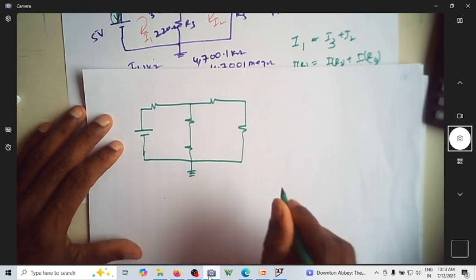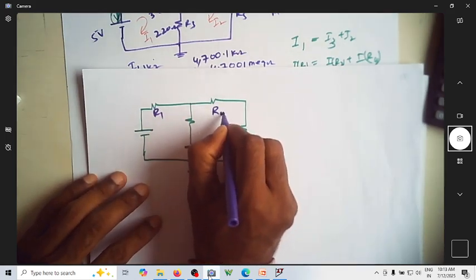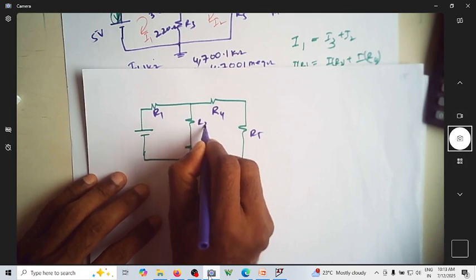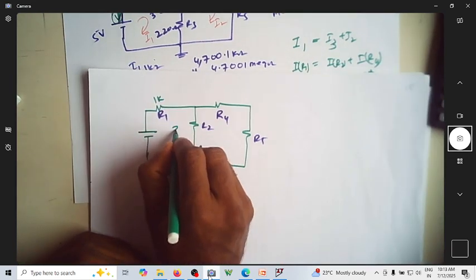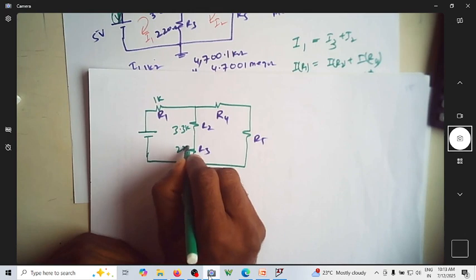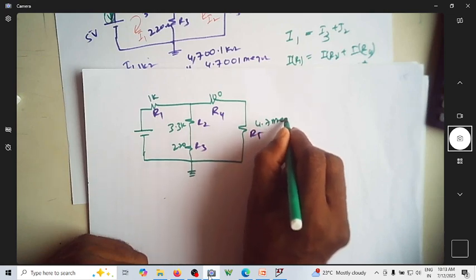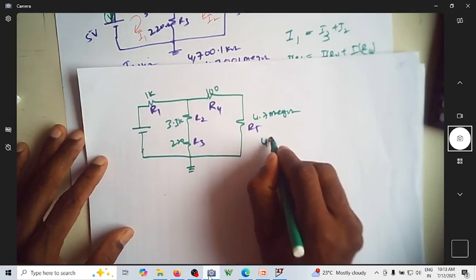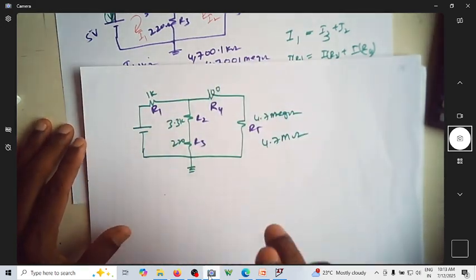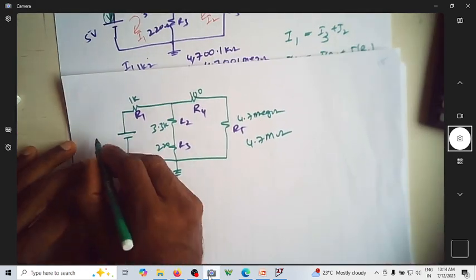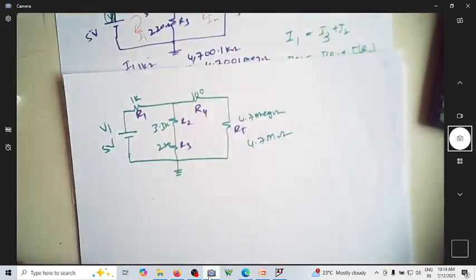This is R1, this is R4, this is R5, this is R2, this is R3, and the values are 1k, 3.3k, 220 ohm, 100 ohm, and 4.7 mega ohm. Maybe while writing in the circuit we write it as capital M, but while writing in LTspice it has to be MEG. This is 5 volt, named as V1, and so on. Correct?